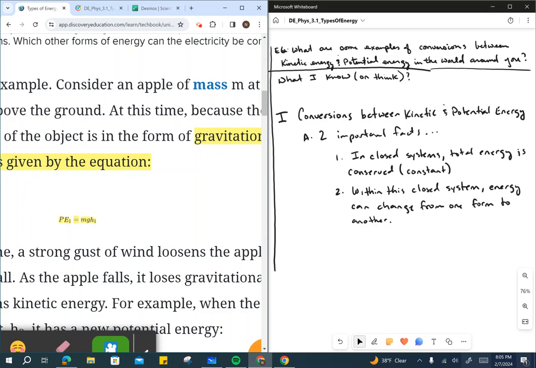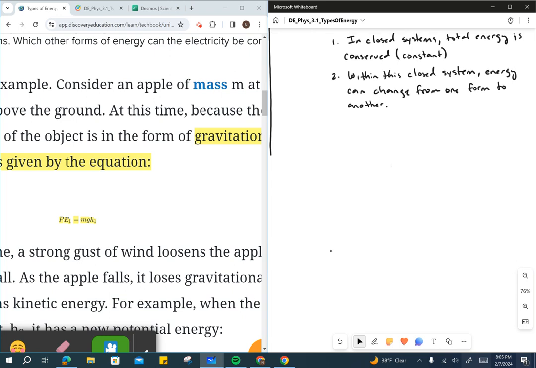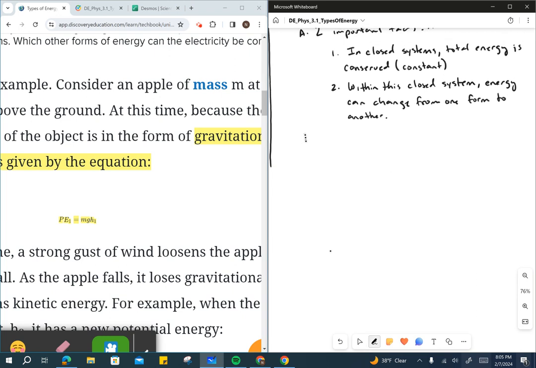Okay, so we're going to go ahead and just map this out, okay? We'll say this is letter B. Example. You have an apple tree, right? And we have an apple on the branch.